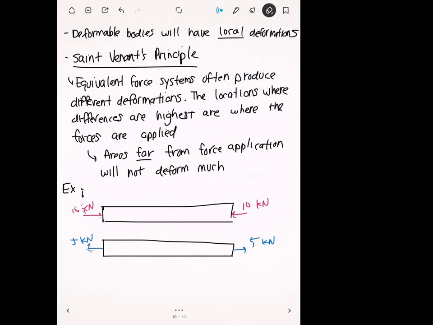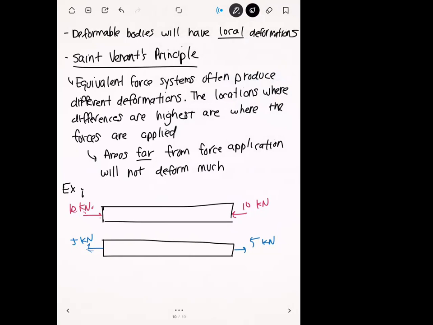And so we know from the last page that bar number 1 is going to be compressed. Both sides are going to push in, and the bar is going to become squished, whereas bar number 2 is going to be pulled out and stretched out.